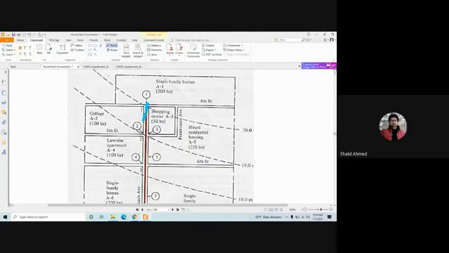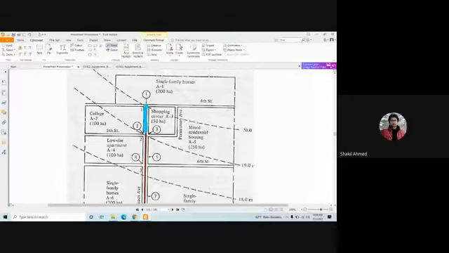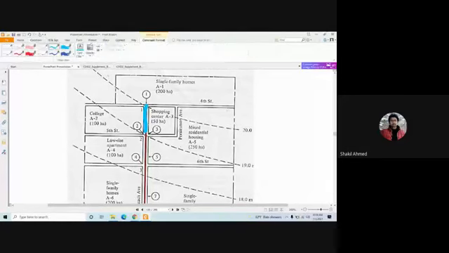In this pipe from 1 to 2, who is contributing, guys? Look closely at this arrow.